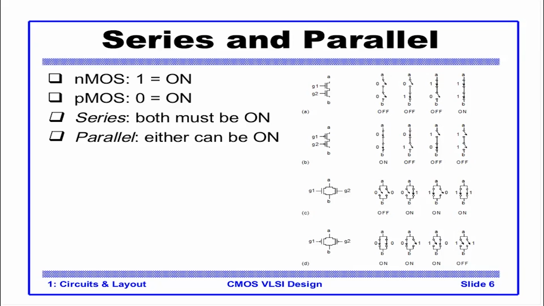In some of the cases the path exists between A and B, and considering the output is B, or the other way around, the output can also be A. So A and B are connected with each other in some cases, which means that a noise signal on A would be passed on to B. This is an important point to consider. Building whole gates using this style is not very popular because of the reason I said, because the noise gets passed easily.